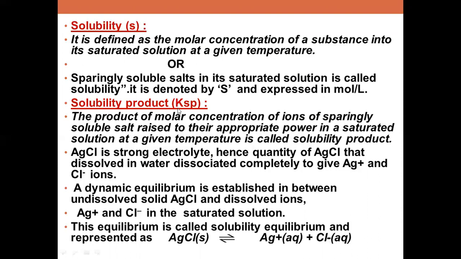Then what is meant by solubility product? The product of the molar concentrations of the ions of a sparingly soluble salt raised to their appropriate power in a saturated solution at a given temperature is called solubility product.